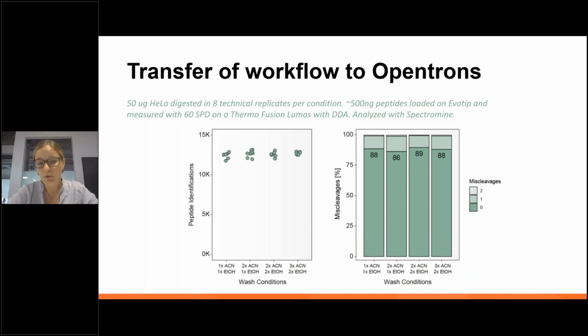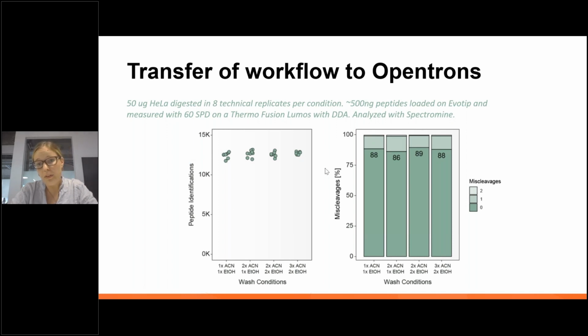Our default workflow contains 5 washes on the Kingfisher, 3 with acetonitrile and 2 with ethanol. But when we challenge the timings by decreasing the number of washes, we actually retain good IDs here, measured at 60 SPD with DDA.